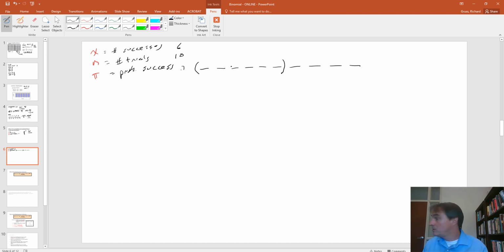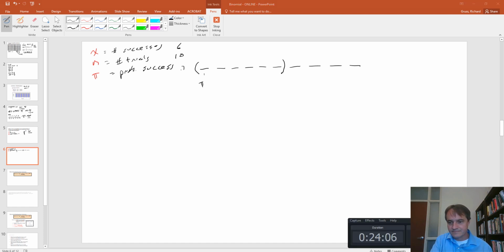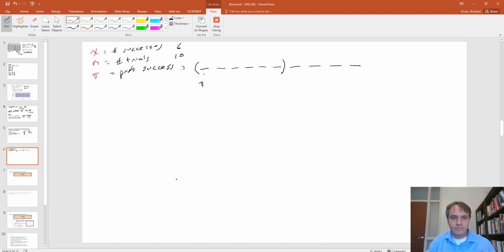If we apply the general multiplication rule to this case, the probability of each one of these is 0.7, so the probability of having all 6 is going to be 0.7 times 0.7 times 0.7. So we can say this is pi, and that's pi, and that's pi.